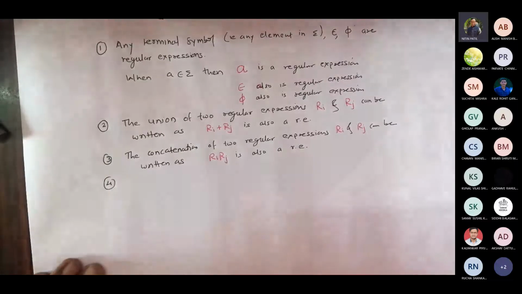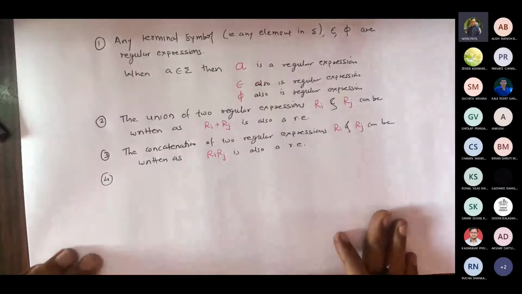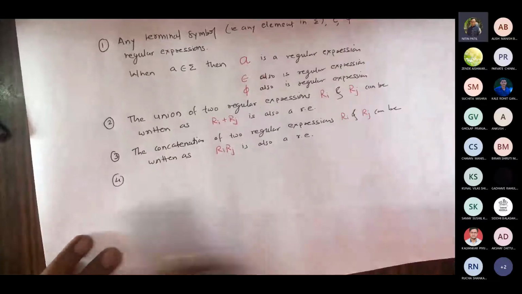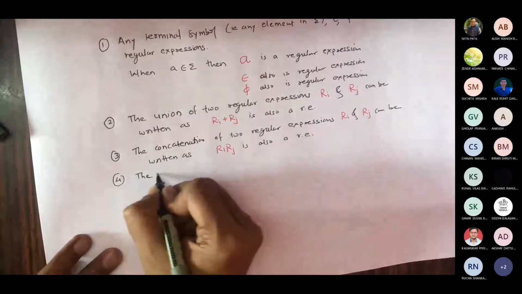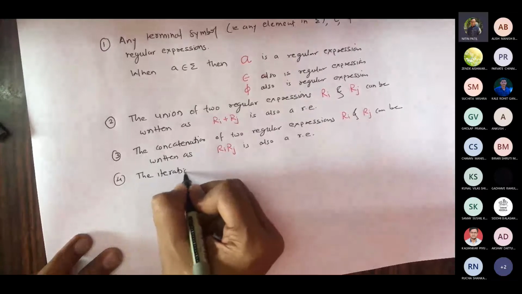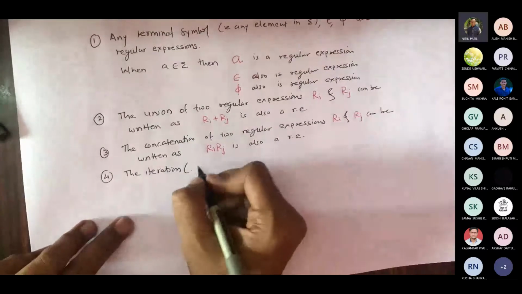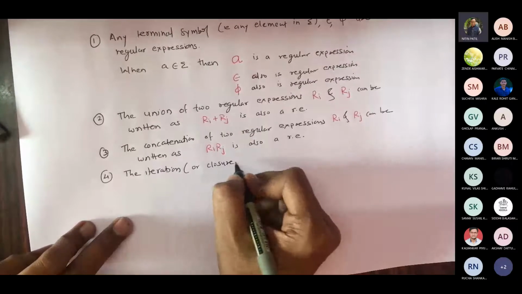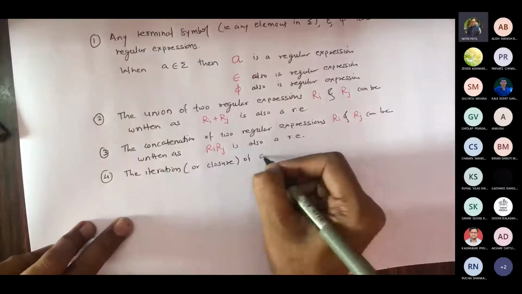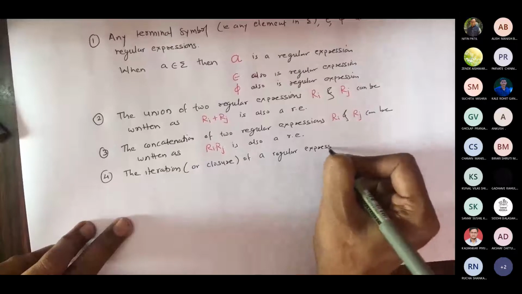Now let me add the fourth one. When we talk about closure, if you recall, we talked about closure by considering the star symbol. Let us write the definition. I am using programming language terminology: iteration, or closure of a regular expression.